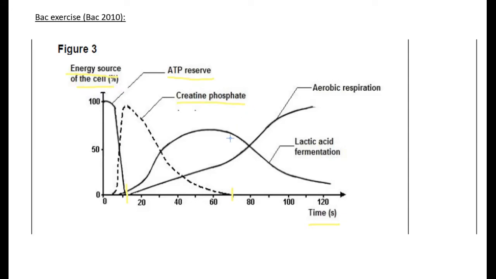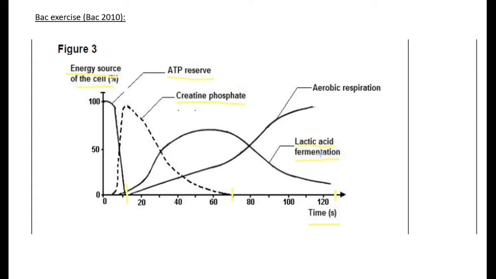Then after ATP and the creatine phosphate reserve have been used up, new energy production forms will be used, new metabolic pathways will be used. So you know them. If the effort goes roughly up to 2 minutes, it's going to be lactic fermentation.